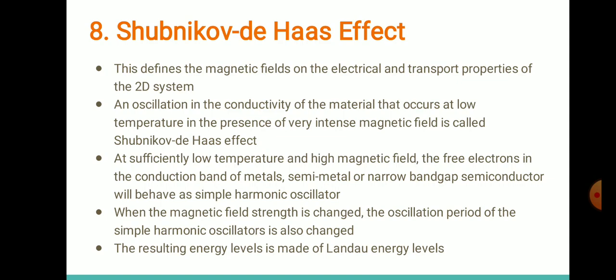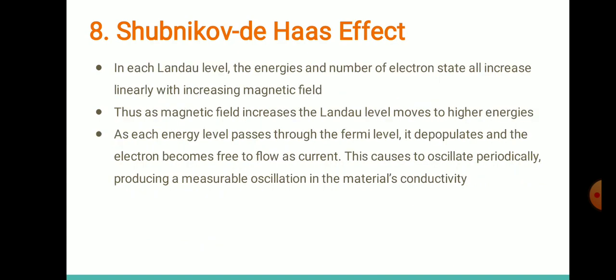If the magnetic field is changed, the oscillation period also changes, and the resulting energy levels generate the Landau energy levels. So according to each magnetic field, there is a different speed of oscillation which generates different energy levels.